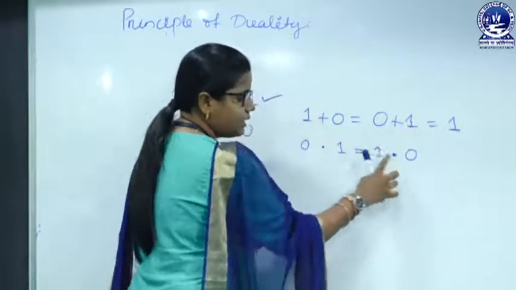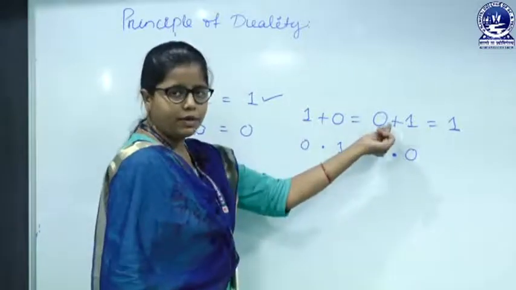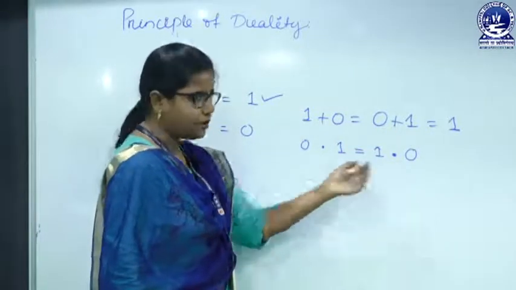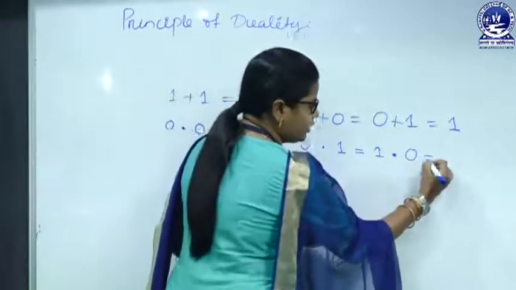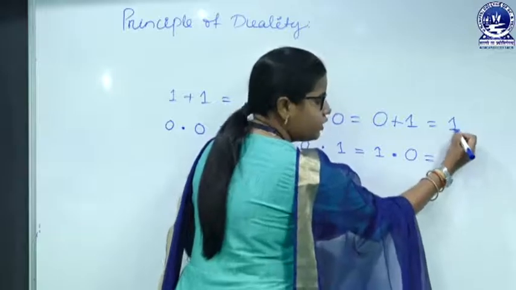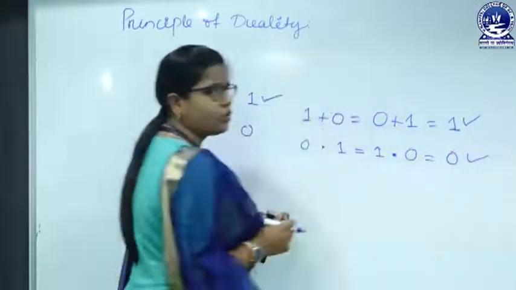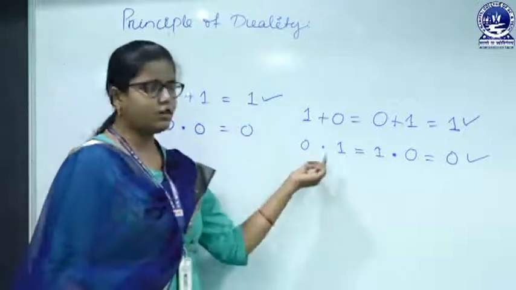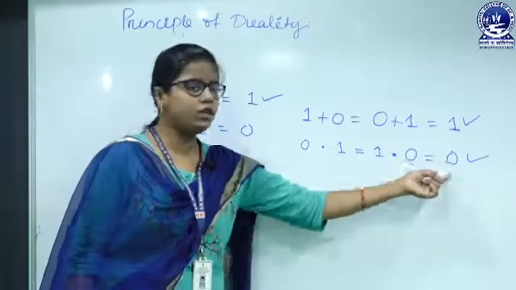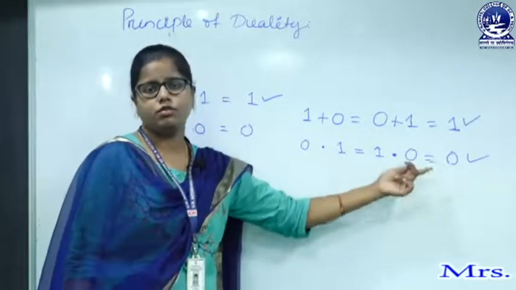This plus operator or logical OR operator is replaced with the logical AND operator. Then 1 dot 0 equals what? 1 is replaced with 0. We know that 0 multiplied with 1 equals 0, and 1 multiplied with 0 equals 0.